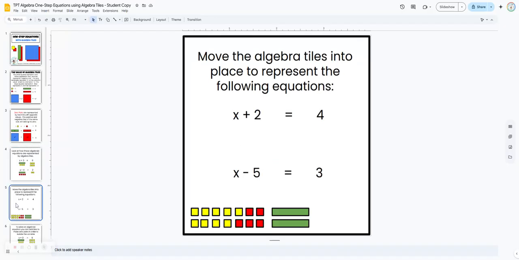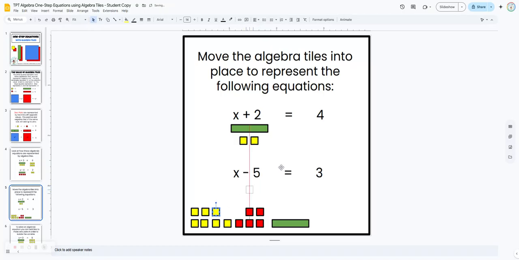So in slide 5, students are going to move these tiles into place just to represent their equations. They're not solving them yet. They're just going to show the equation. So here we have positive x plus 2, so 2 yellow, equals 4. They're just going to click and hold on each of these to move them into place.